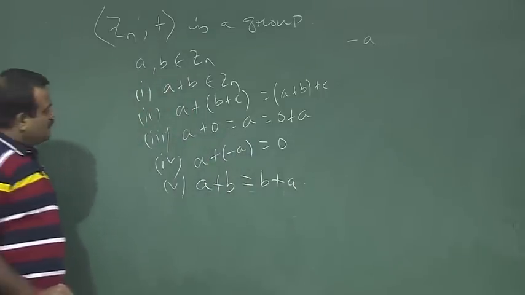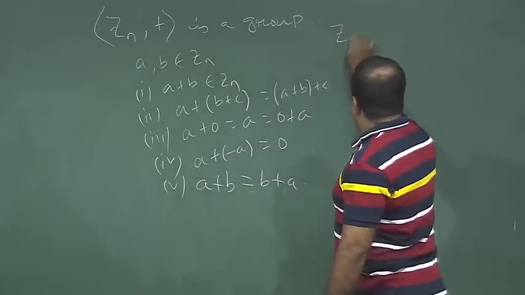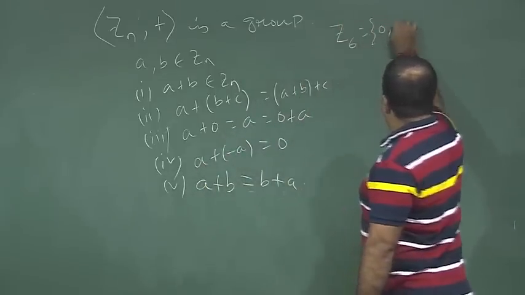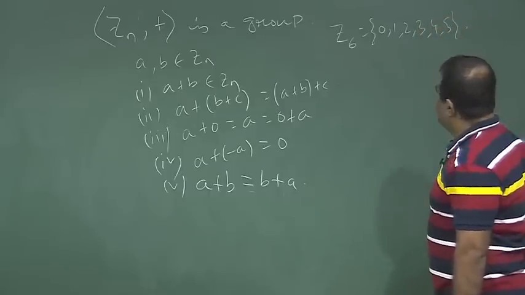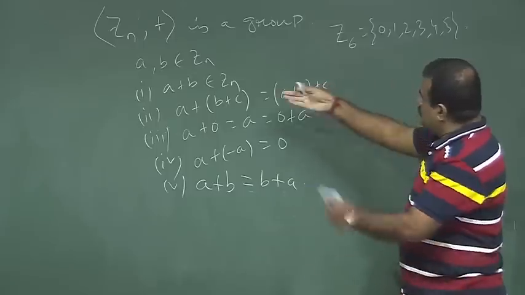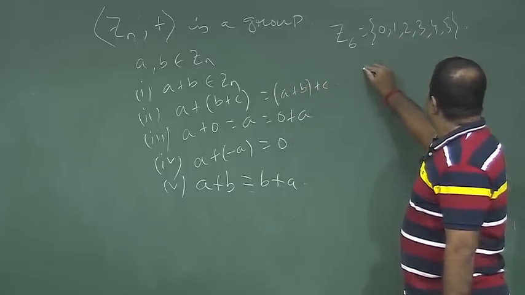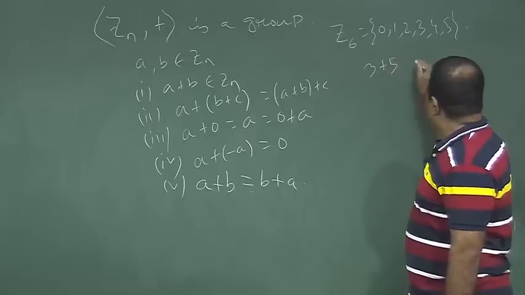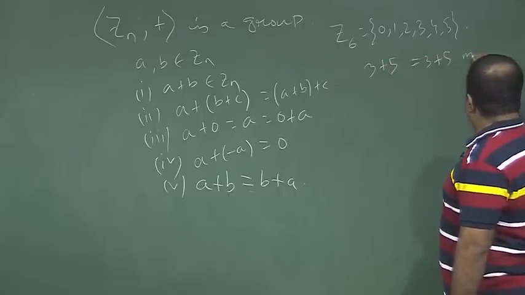Okay. So, now we just take an example. Suppose we take this Z6. Z6 is basically 0, 1, 2, 3, 4, 5. Now the closure property is satisfied if you take any two elements. Say 3 plus 5, how we define this is basically 3 plus 5 mod 6.